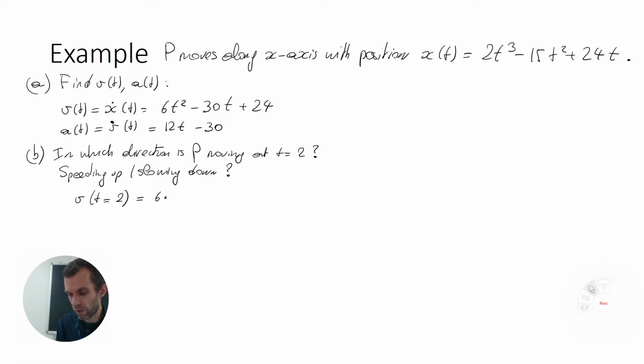So we get 6 times 4 minus 30 times 2 plus 24, which is minus 12. So that tells us that on our line here, at t equal to 2, the velocity is negative, so the particle is moving to the left.